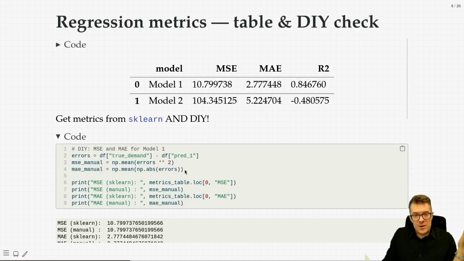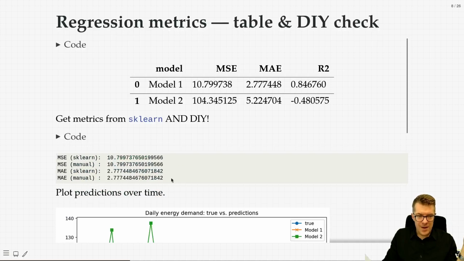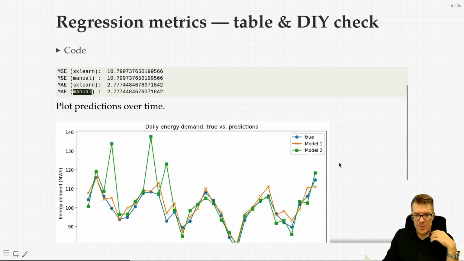If some difference occurs between the manual computations of these quantities and the ones that sklearn provides for us, that might be an indication that we actually don't understand what's going on too well, and that would require some follow-up. But as you've probably already seen here, there's no difference. The values between sklearn's computation of mean squared error and mean absolute error and our manual ones are exactly the same. Everything seems good, and we can go ahead and proceed.